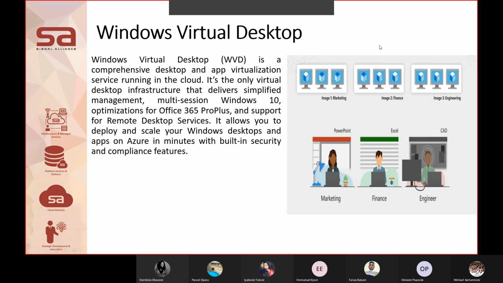So instead of virtualizing the complete desktop for me, you could just make use of Windows Virtual Desktop to virtualize an application scenario for me, whereby in my Windows Virtual Desktop environment, the only thing I would see is the Outlook and the PowerPoint that I make use of.